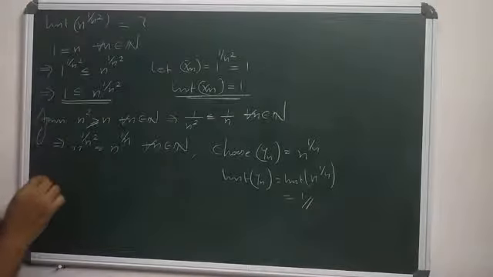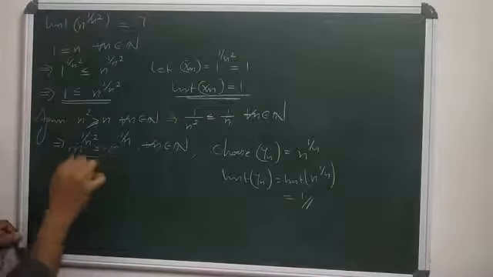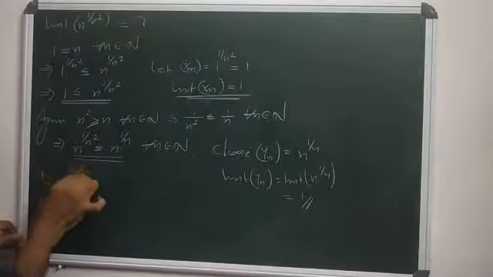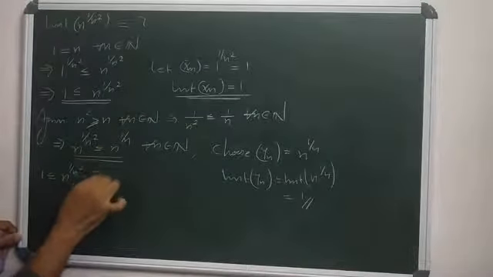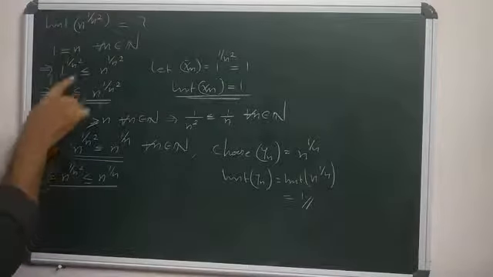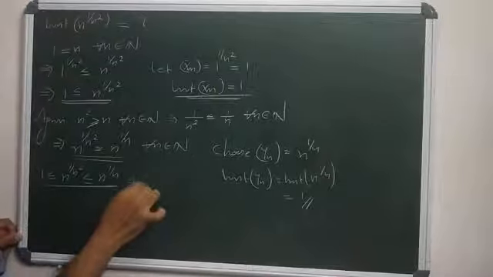Here we can combine these two. 1 is less than or equals n to the power 1 by n square, but n to the power 1 by n square is less than or equals n to the power 1 by n. 1 is chosen as xn.